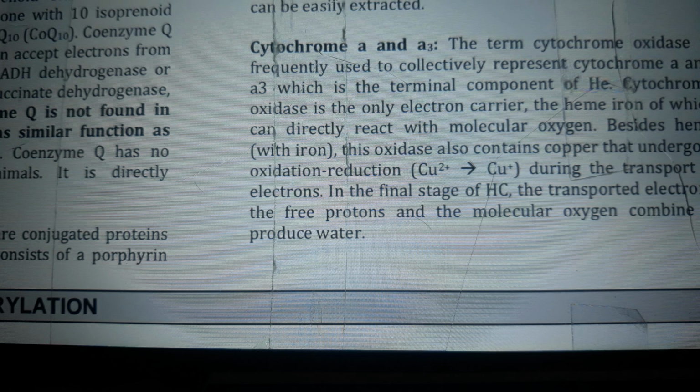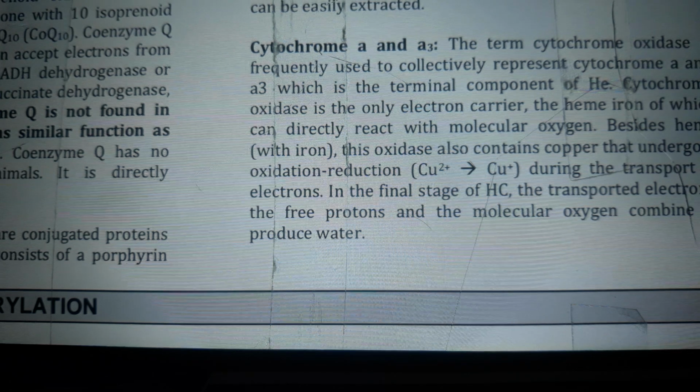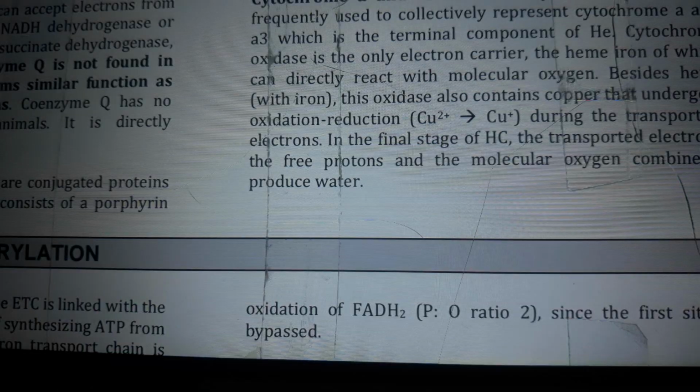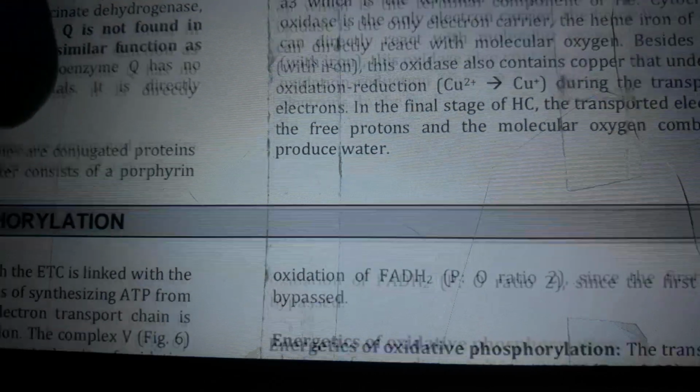Besides heme with iron, this oxidase also contains copper that undergoes oxidation-reduction, Cu2 plus to Cu plus. During the transport of electrons in the final stage of the ETC, the free protons and the molecular oxygen combine to produce water.